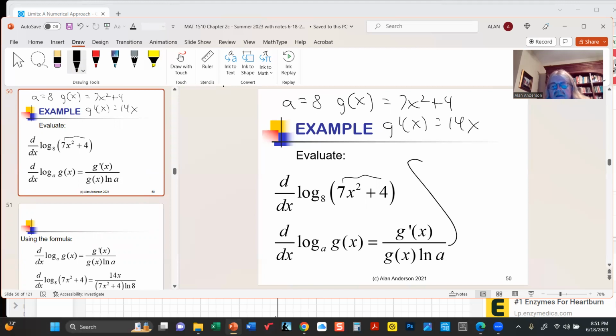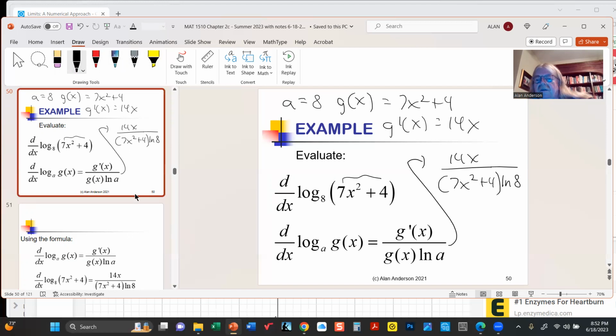So according to this, I'm going to have 14x over 7x squared plus 4 times the natural log of 8. Oh, sorry, I'm writing the wrong one. It has to be natural log of 8. Ooh, what a mess that was.